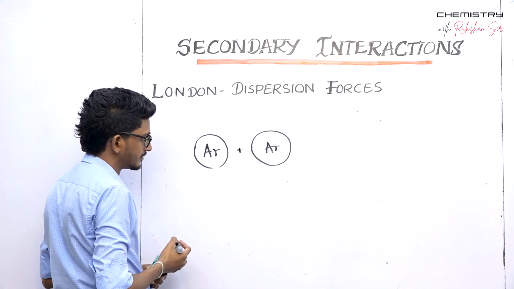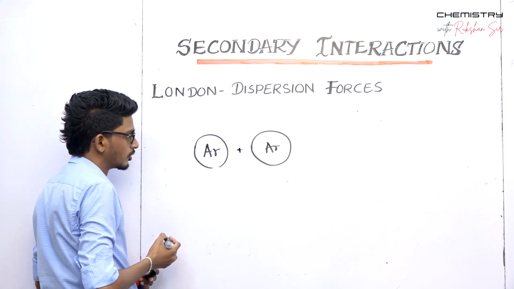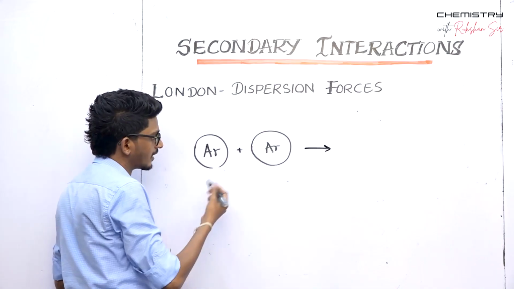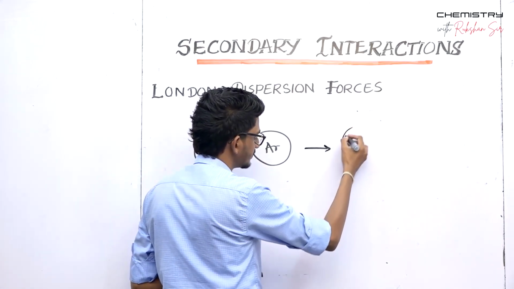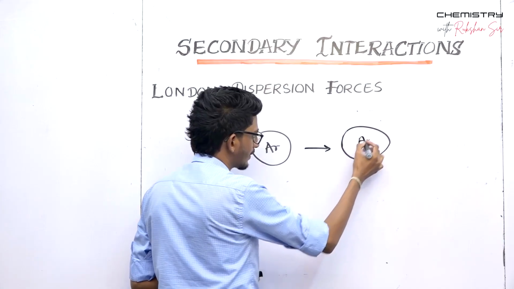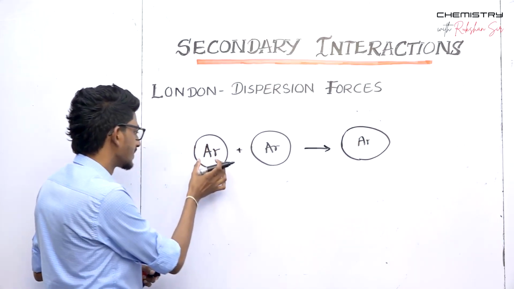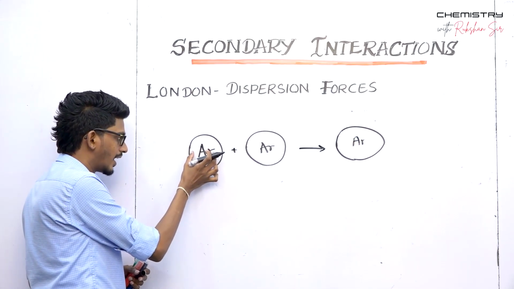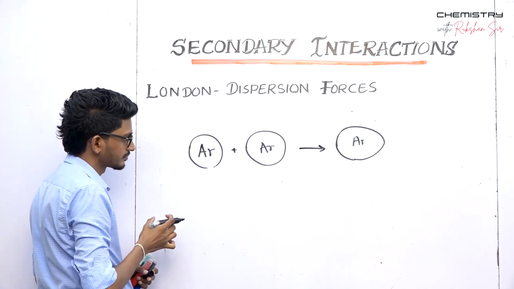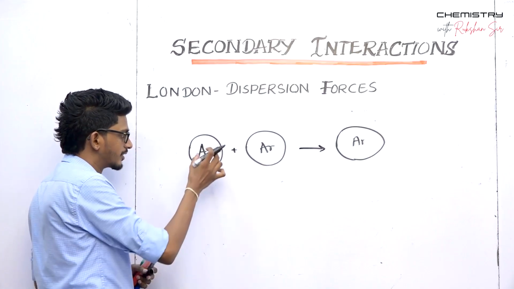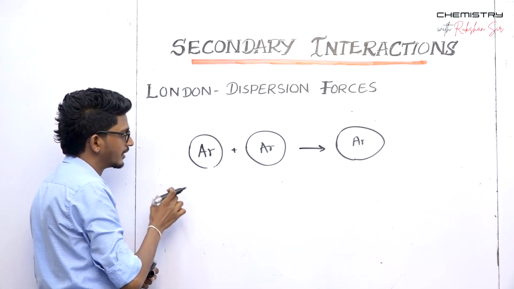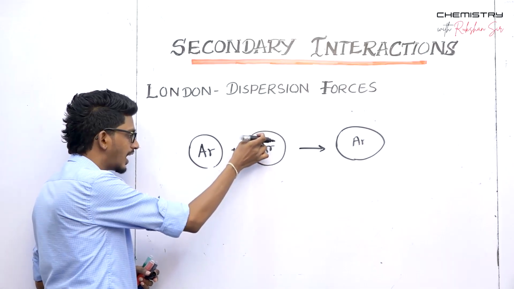London forces. How come? The argon atoms will attract via London forces. What happens is this: when one argon atom comes closer to the other argon atom, the electron density of this argon will repel due to the presence of the electron density of the other argon.